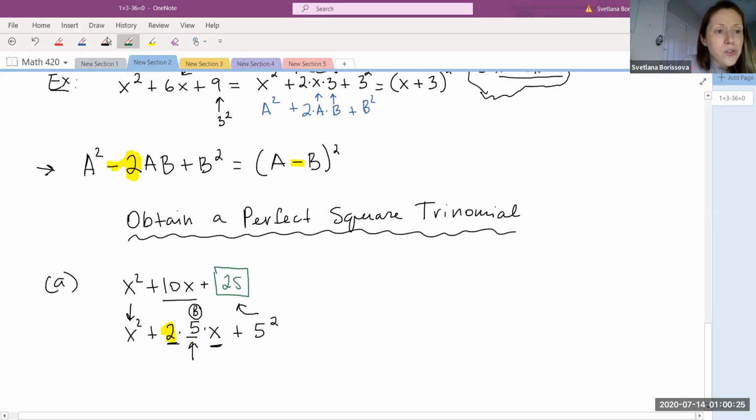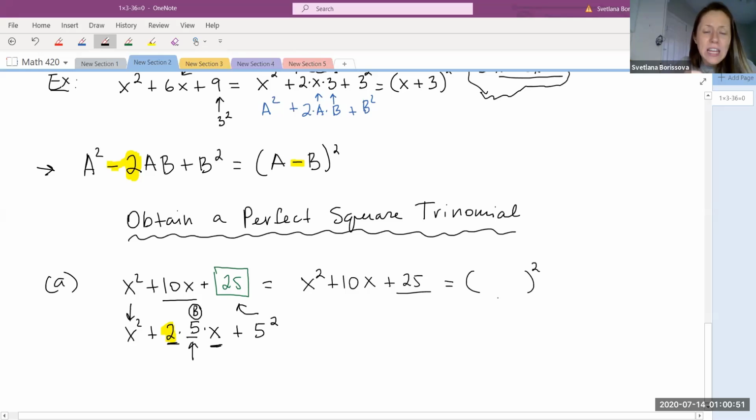So what we just found out, and I'm just going to rewrite it so it looks a bit cleaner, is that if I start with only x squared plus 10x, then once I add 25 over here, this becomes a perfect square trinomial. And that means it can be written in this short form, something squared.